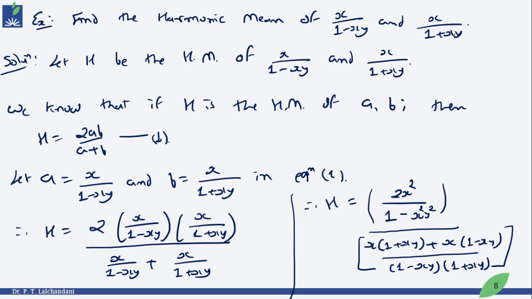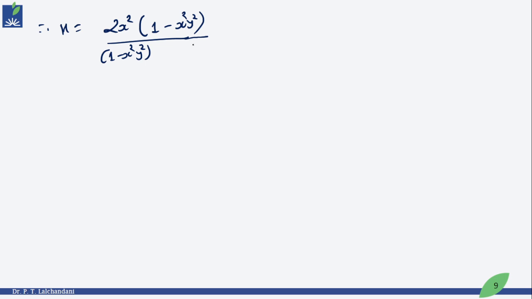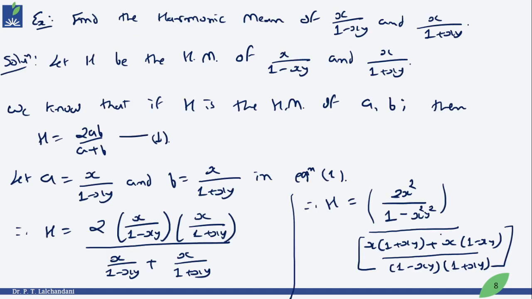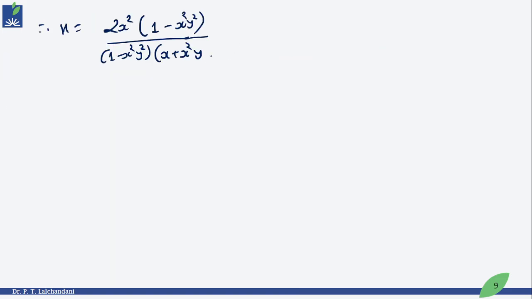So multiplying x with this bracket, x into 1 plus x into xy. So it is simply x plus x square y. Then again multiplying this x with 1 minus xy, x into 1 minus x into xy, it will give you plus x minus x square y. You can observe that this 1 minus x square y, 1 minus x square y gets cancelled out.